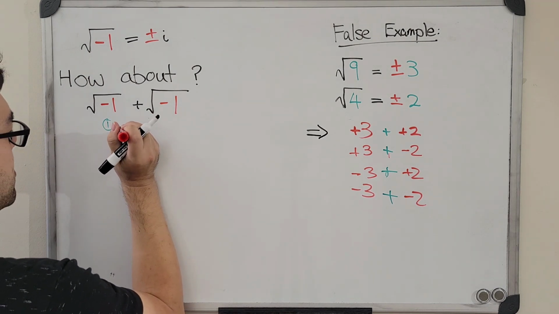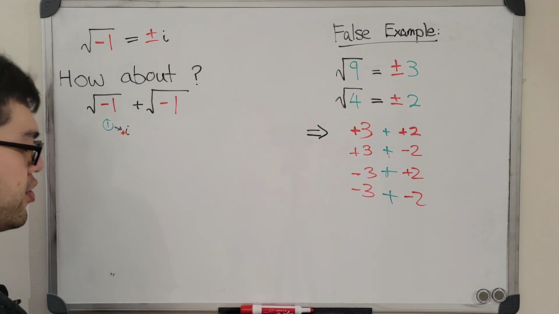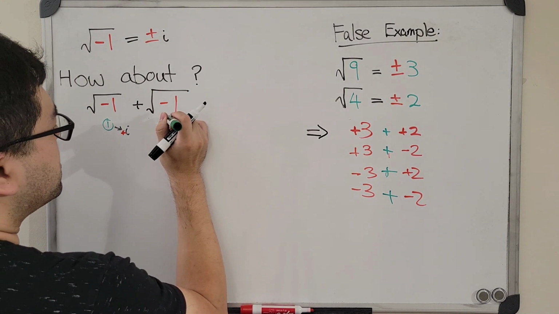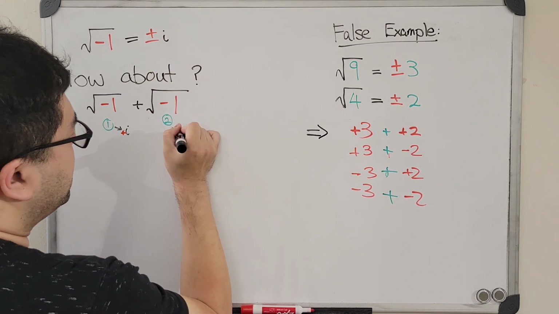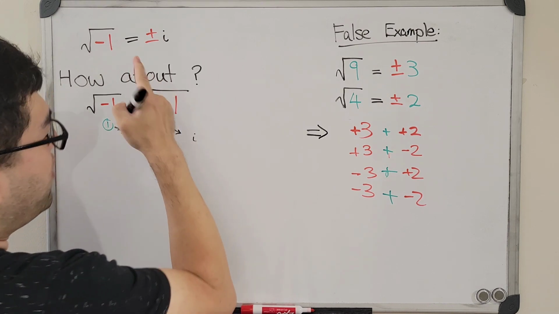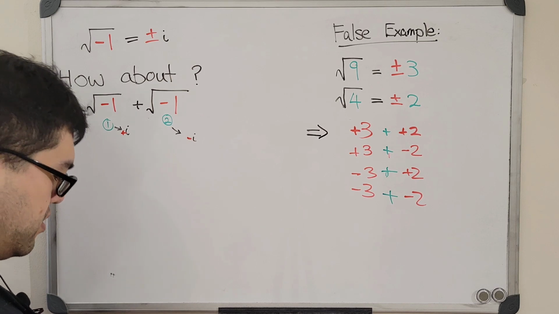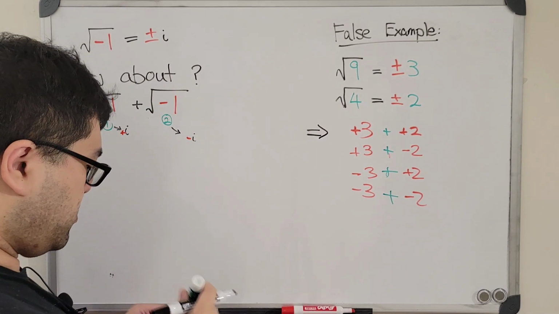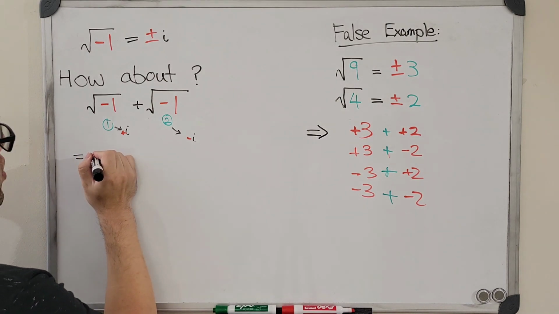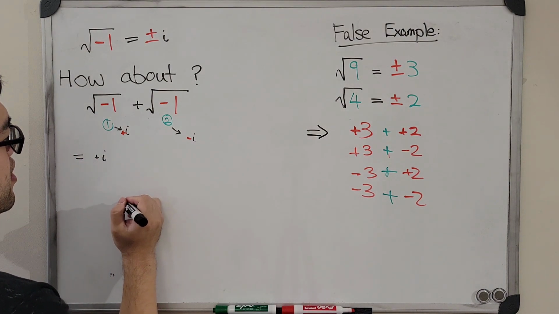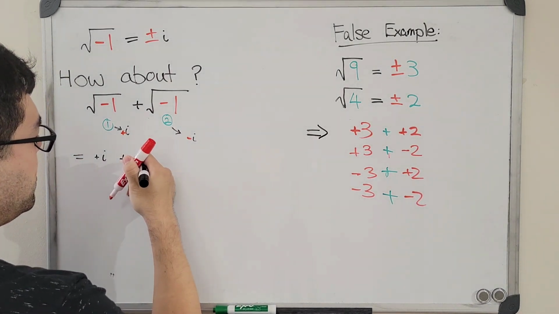And for the second value, we're going to choose the second option, meaning this time instead of positive i, we choose negative i. What's going to happen? We will end up with positive i plus negative i.